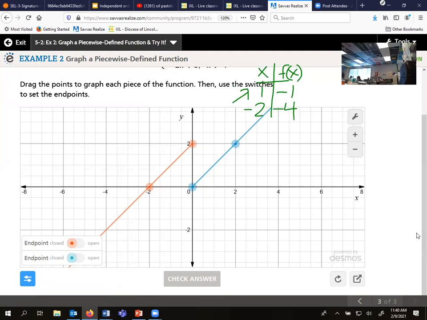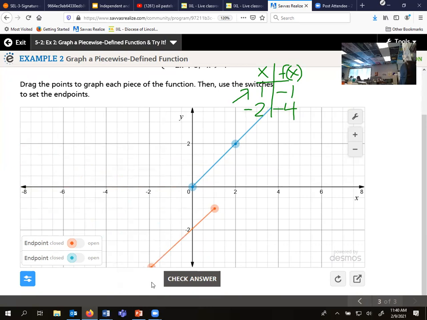My first point is 1, -1. We're at 1, -1. And then my second point is -2, -4. -2, -4 is pretty close to that. Okay, we have 1 line.